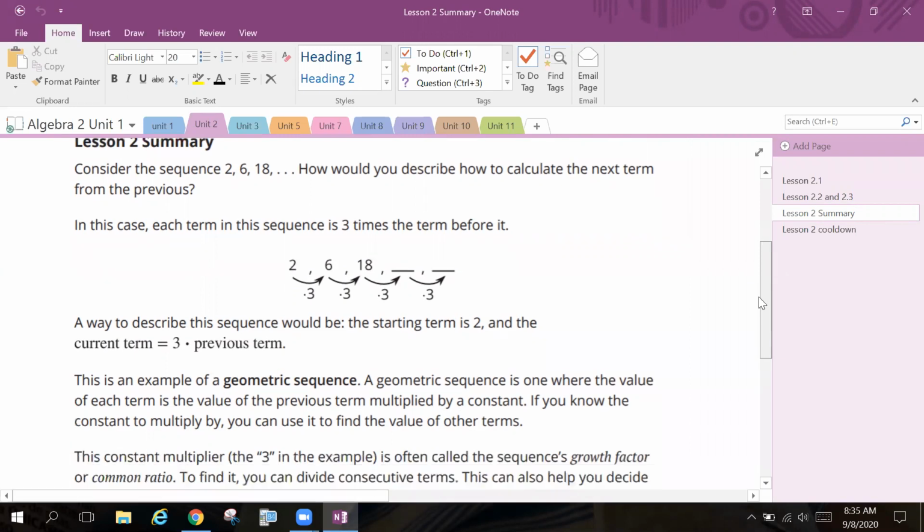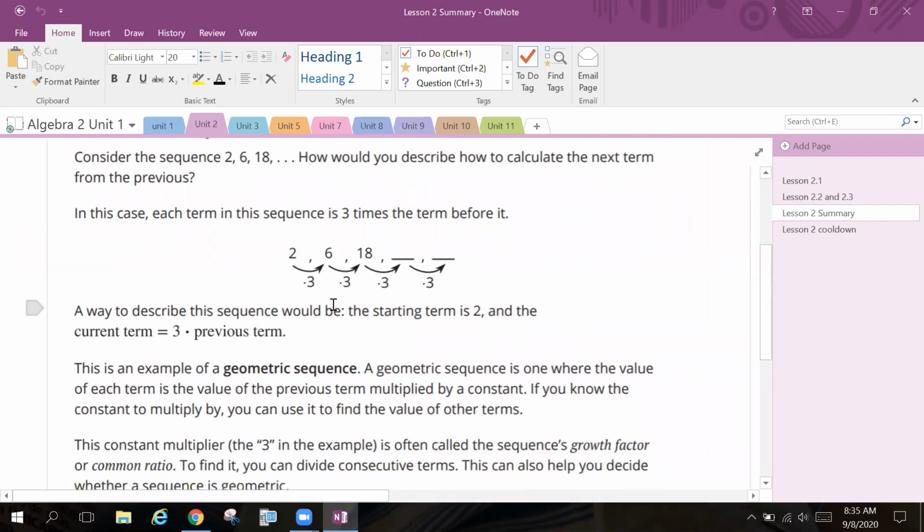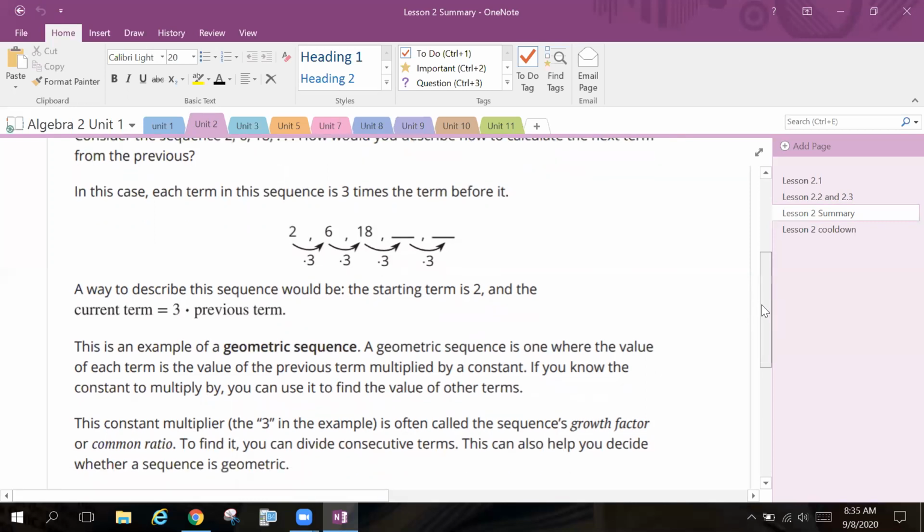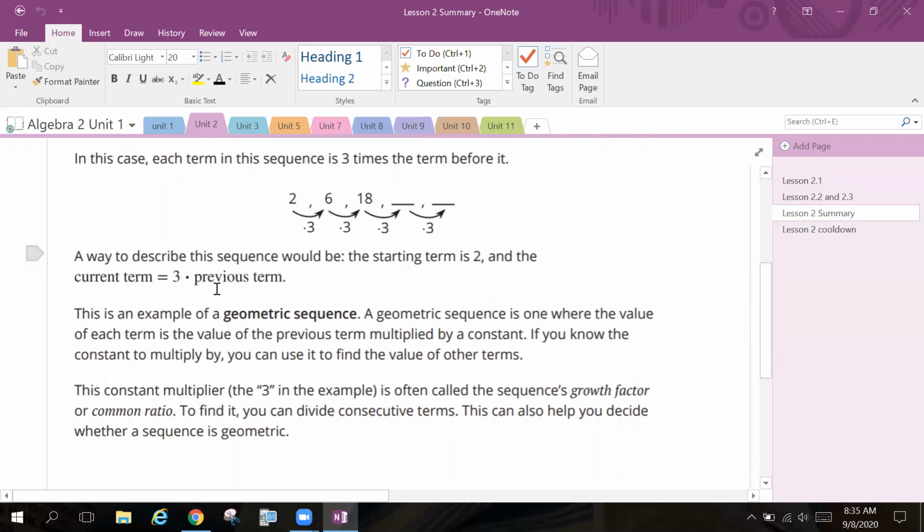Okay, so it says that you're multiplying by 3 each time, and that's correct. And we're going to be able to write a formula with our sequences in the next lesson. But I wanted you to see, in the video, just a glimpse of what it might look like. And this one says it's 3 times the previous term.